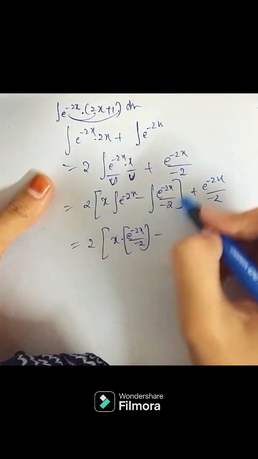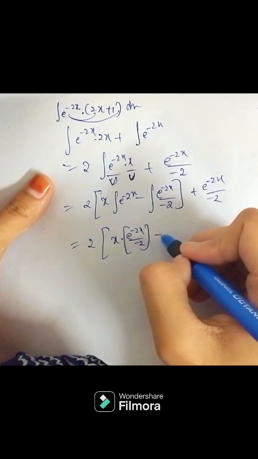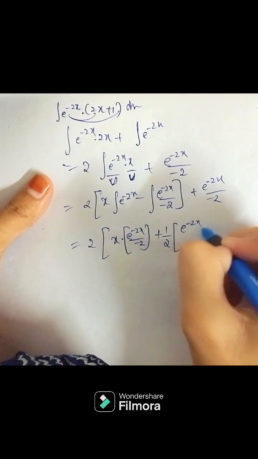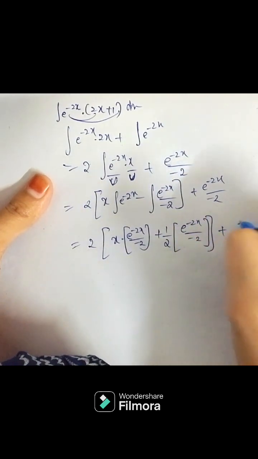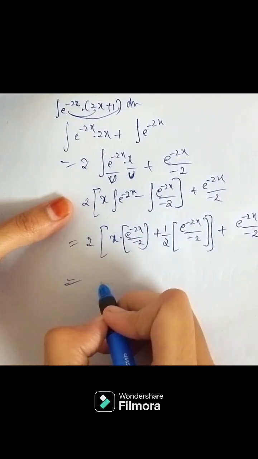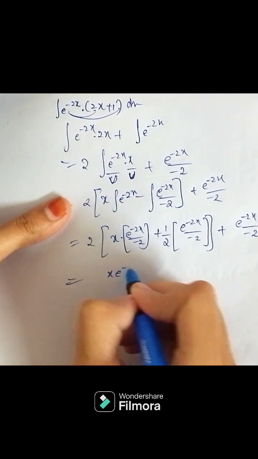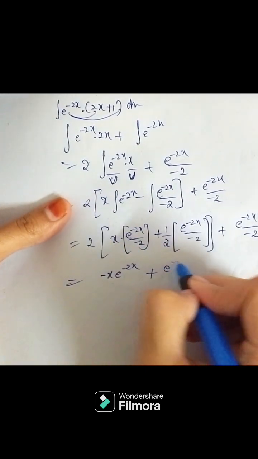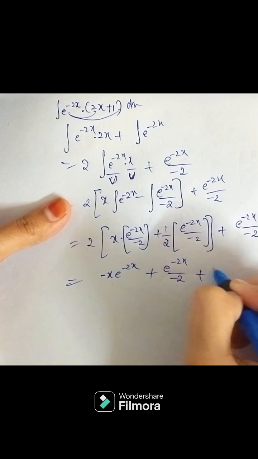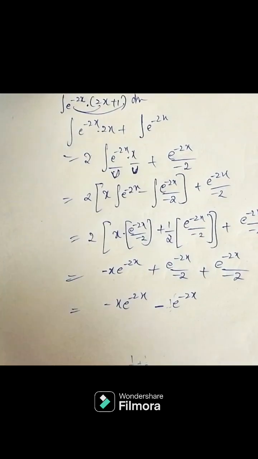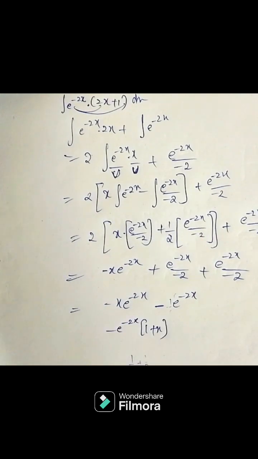So I'll bring this outside, plus 1 by 2 integral of this again. So now 2 cancels, x e power minus 2x, plus this 2 cancels, and e power minus 2x by minus 2, plus e power minus 2x by minus 2. So this is your final answer. So this is how you do a reduction of order method question.